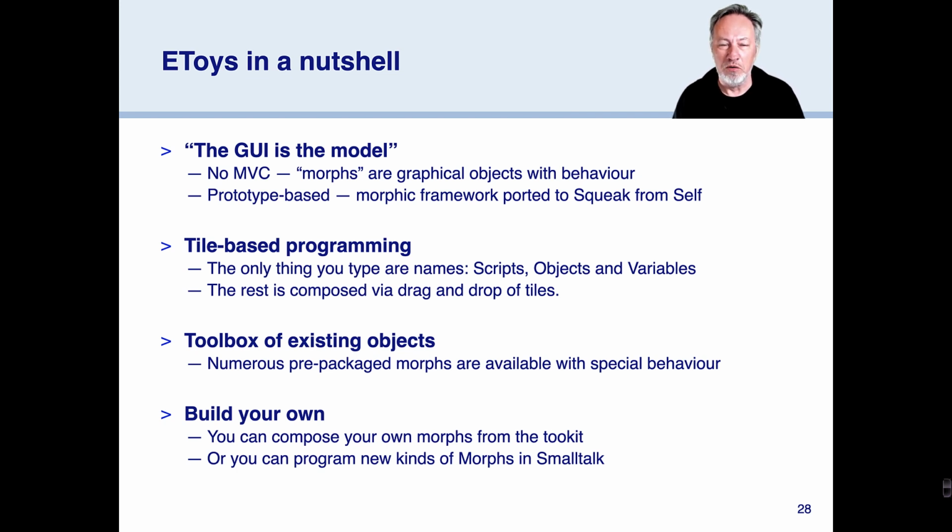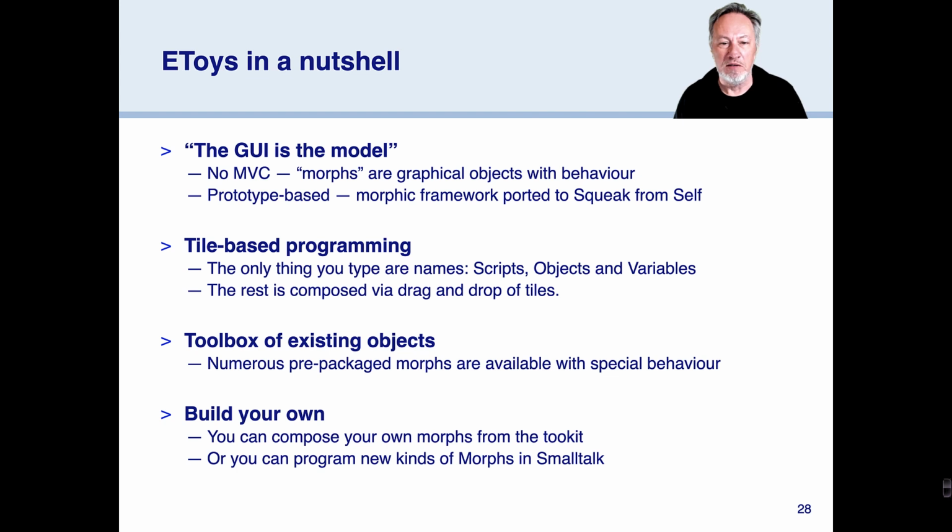Furthermore, eToys, even though it's implemented in Smalltalk, is using the morphic framework, which originated in Self, which was a prototype-based language. Self was a successor to Smalltalk that did not have classes, but instead was based on the concept of prototypes, the same model which was later used in JavaScript.